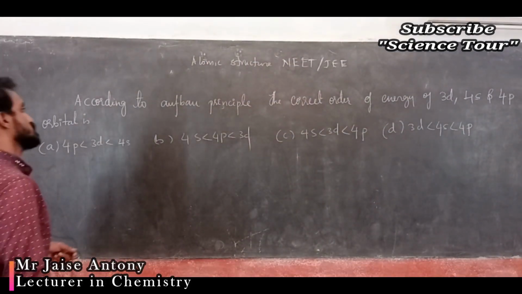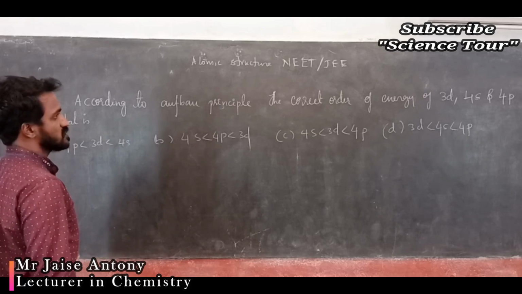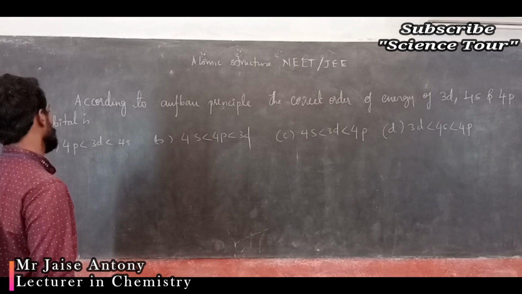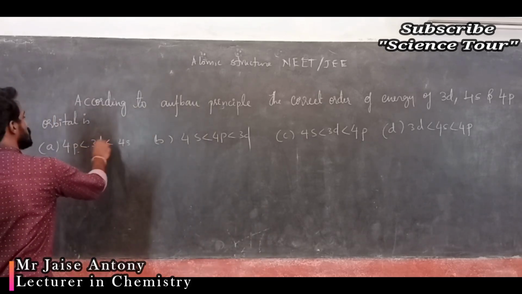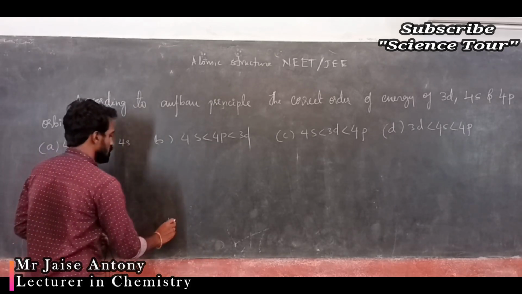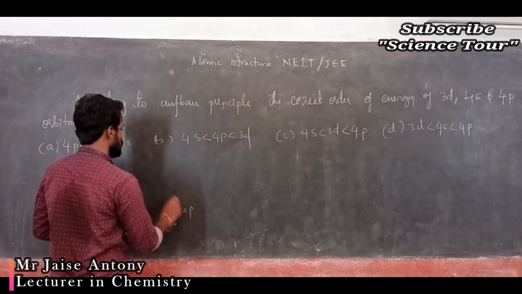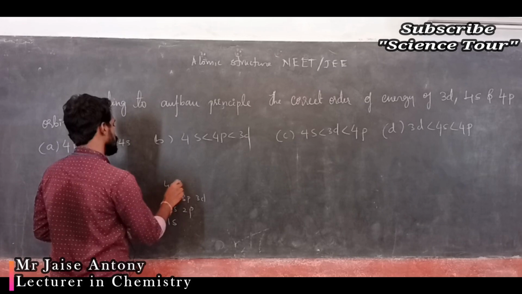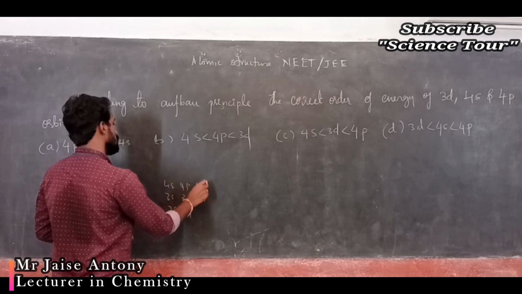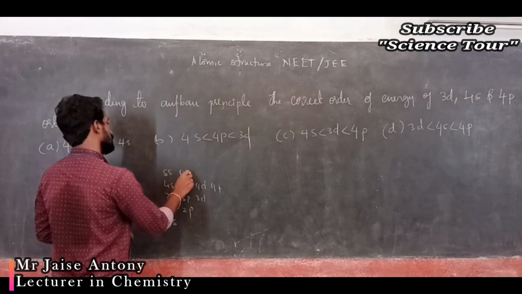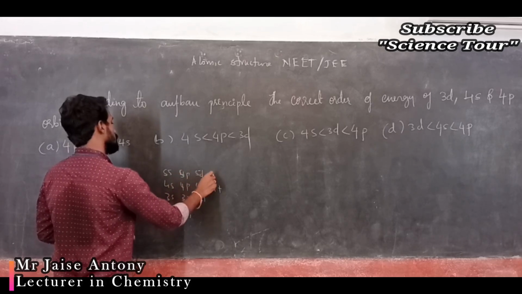According to the above principle, what is the correct order of energy of the 3d, 4s and 4p orbitals? You know that the order is given, my dear students: 1s, 2s, 2p, 3s, 3p, 3d, 4s, 4p, 4d, 4f, 5s, 5p, 5d, 5f.